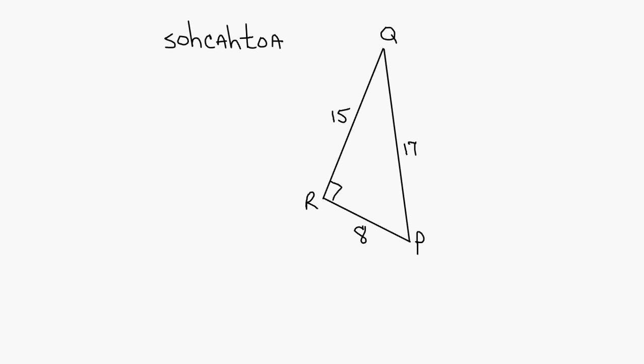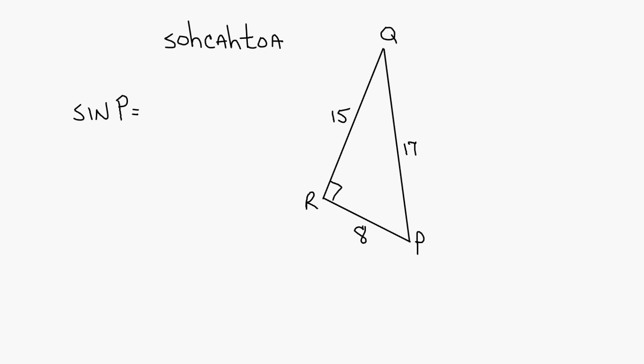All right, so the first thing they're asking for is the sine of angle P. Sine of angle P equals. All right, sine is equal to opposite over hypotenuse. Sine of angle P is equal to the side opposite angle P divided by the hypotenuse of that triangle.